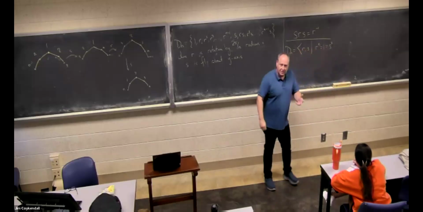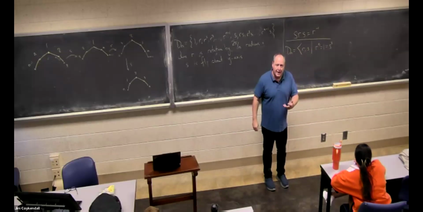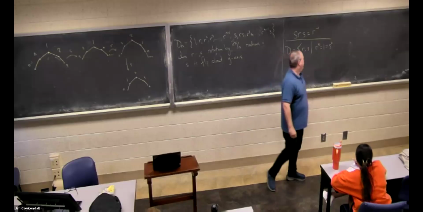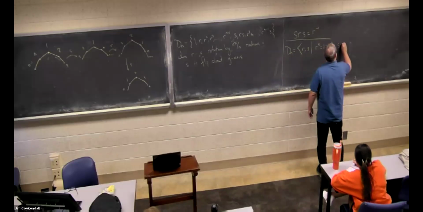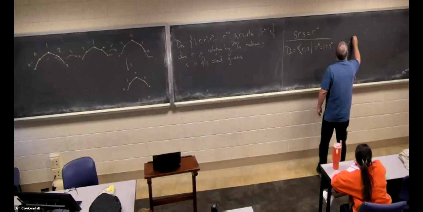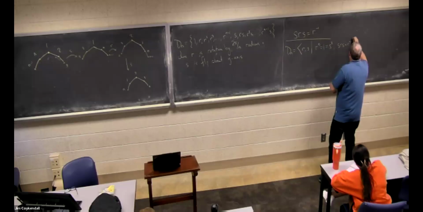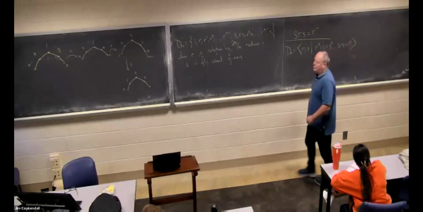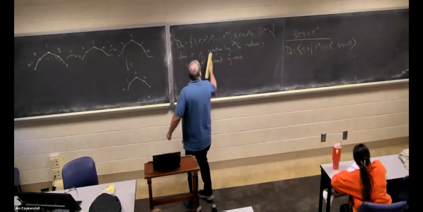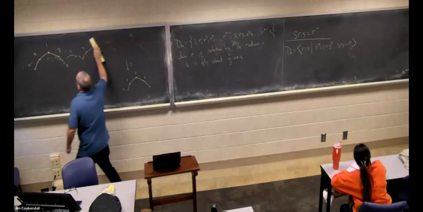And flipping twice is the identity, right? If I flip back, I'm where I started. And SRS is R inverse. So you can use these rules to show that there's only 2n things here.